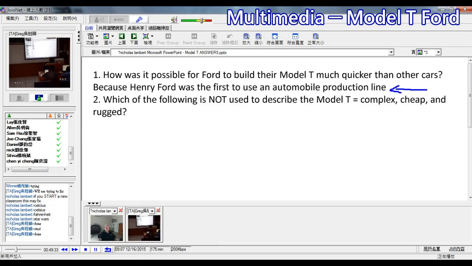What's the production line then? Production is to make a car. There are so many steps.